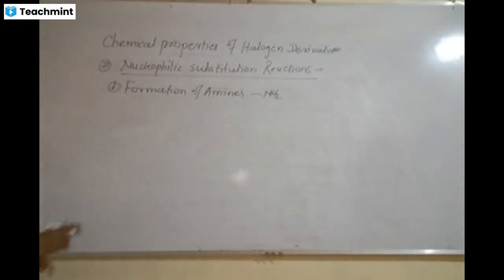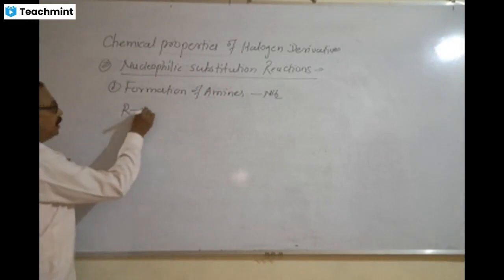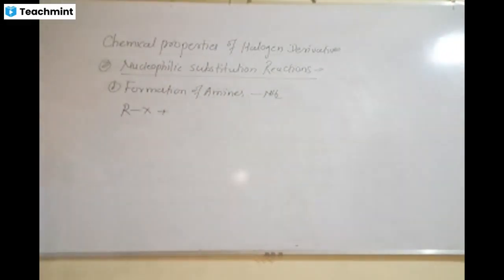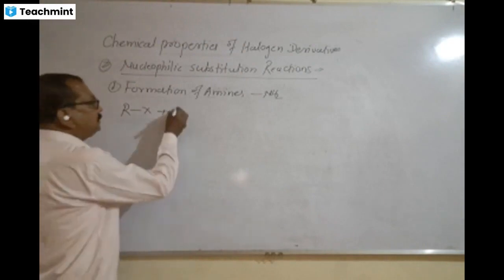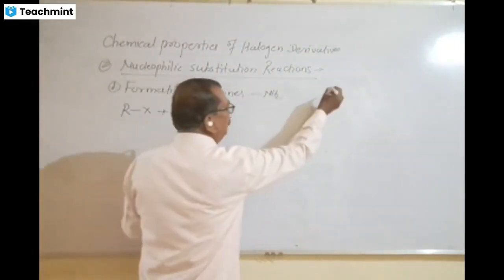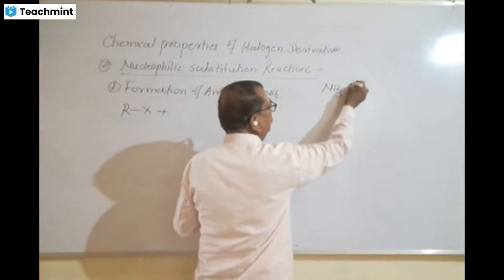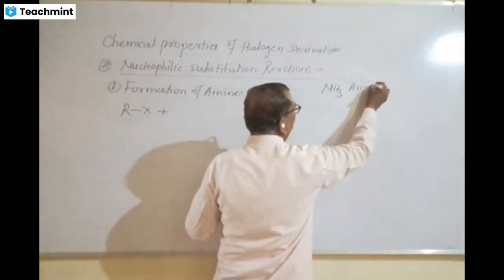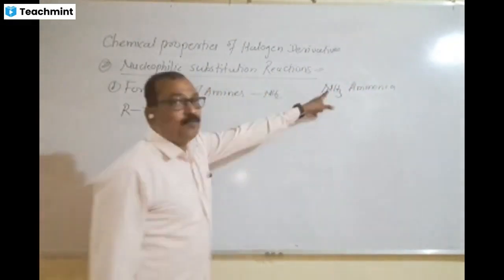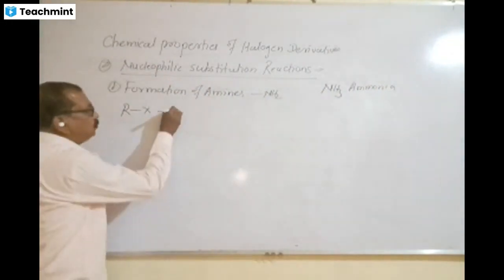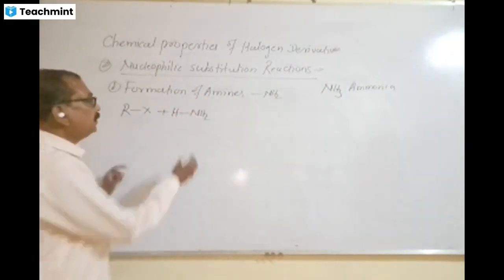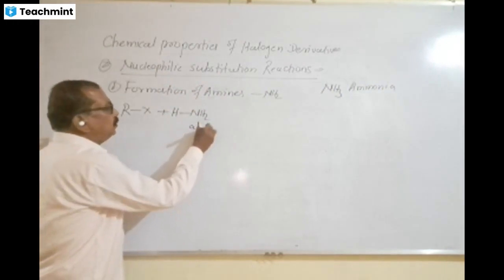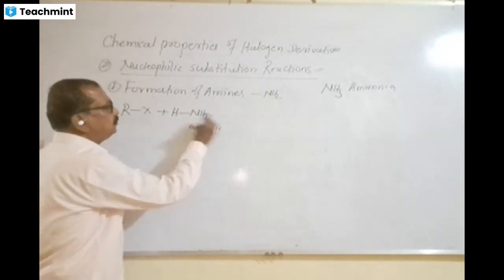In this reaction, when alkyl halides RX are treated with ammonia, the formula for ammonia is NH3. Or this formula can be written like this, H and NH2, in presence of alcohol, alcoholic solution, alcoholic ammonia.